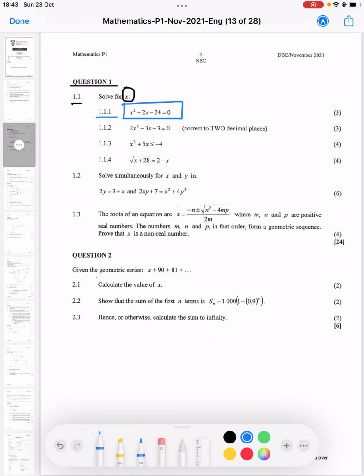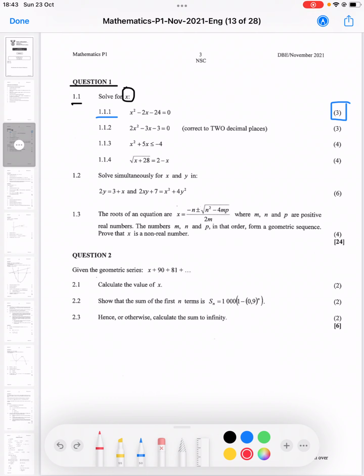Also be considerate of the marks allocated to each question. This question is allocated 3 marks, which means you are expected to show 3 valid steps, which is where you are most likely to score your marks.